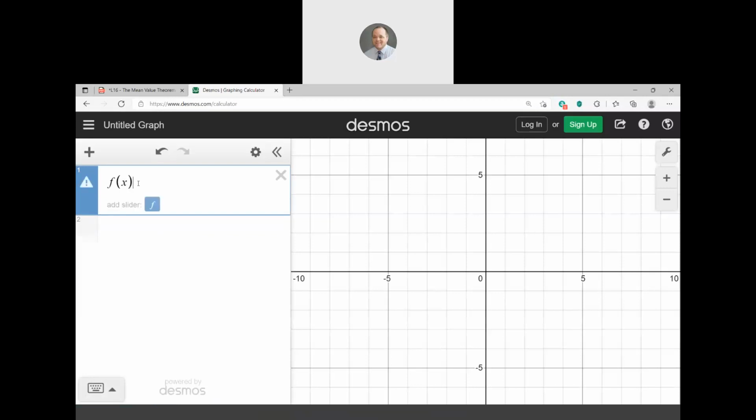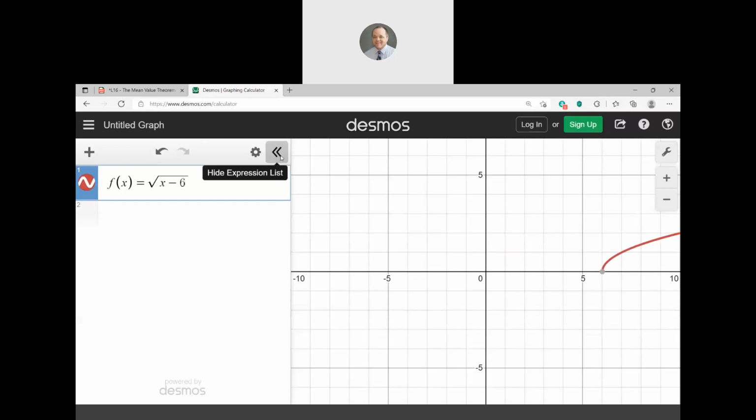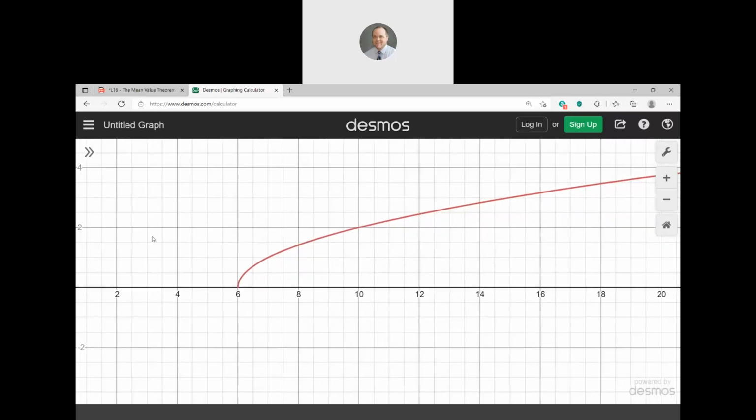Let's see, f of x equal to the square root of x minus 6, and we're only concerned with the little piece going from, hold on just a minute.